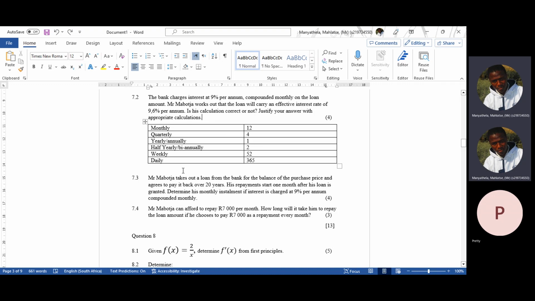Okay, so let's start with this question. We are going to calculate the effective interest rate.